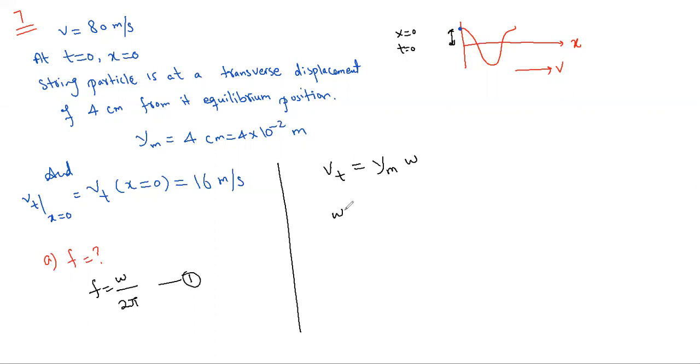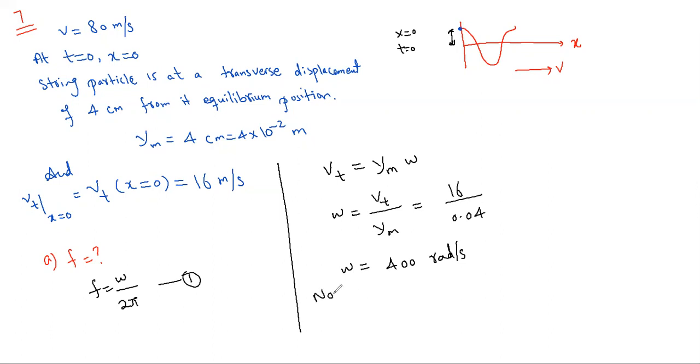From this, omega equals v sub t over y sub m, which is 16 divided by 0.04. So omega will turn out to be 400 radian per second.